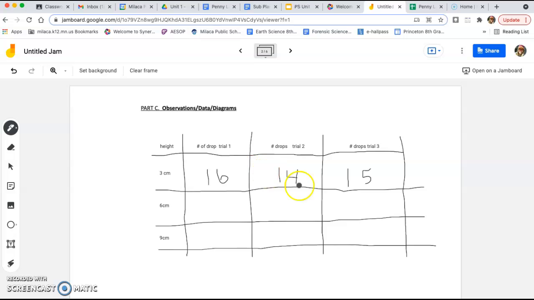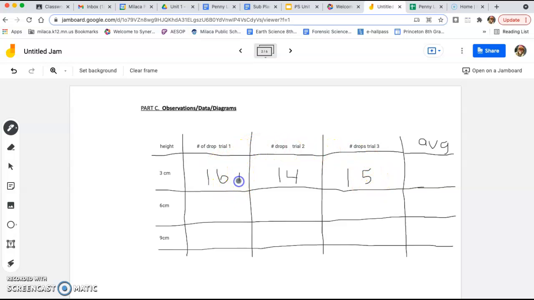When you guys record your data as a class, I'm going to ask for the average, okay? And so if you want to add over here, there we go, a column for average, that would be very helpful for you. So what you're going to do to find the average is you're going to add up all of the numbers of drops at this height, so all of the trials, and then you're going to divide them by the number of trials you have.